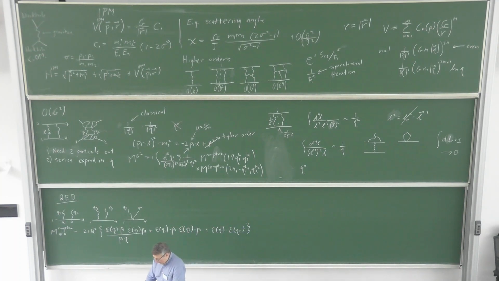So first thing, of course, the Compton is gauge invariant. The way this thing is set up, it has the property that if I take epsilon of Q1 and send it to Q1, then this M QED Compton goes to 0.